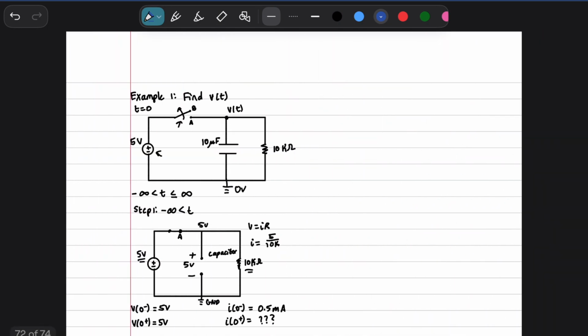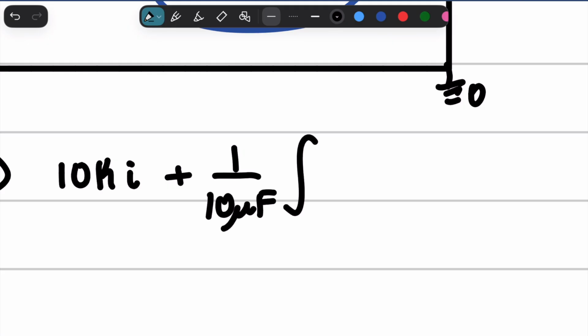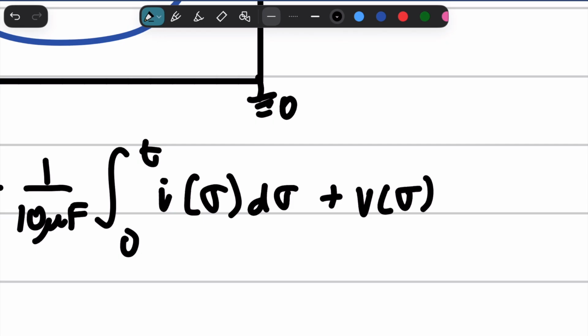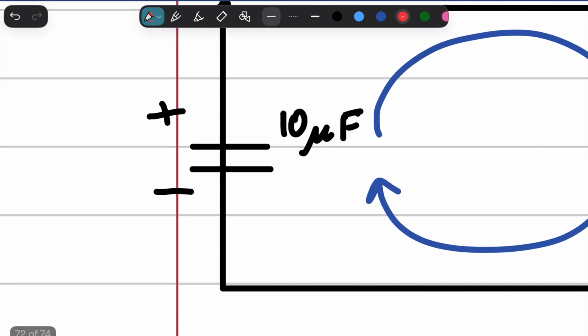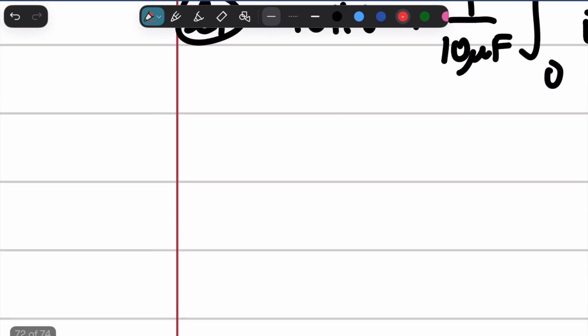So what's going to happen right here is we are going to have plus 1 over C, which is 10 microfarads, integral from 0 to t of I, and then the dummy variable sigma, d sigma, minus. Well, actually, technically, I'll go ahead and keep the plus right here, but we need to remember that this is going to be minus, because we're entering the negative side of the capacitor.